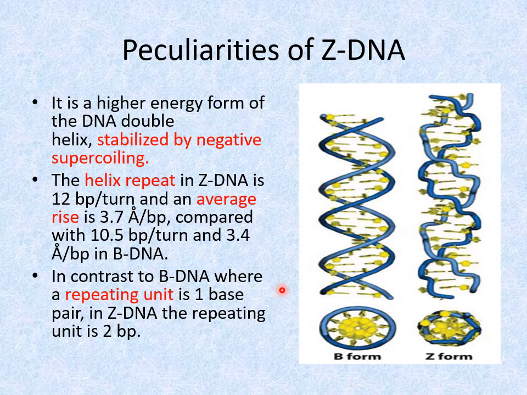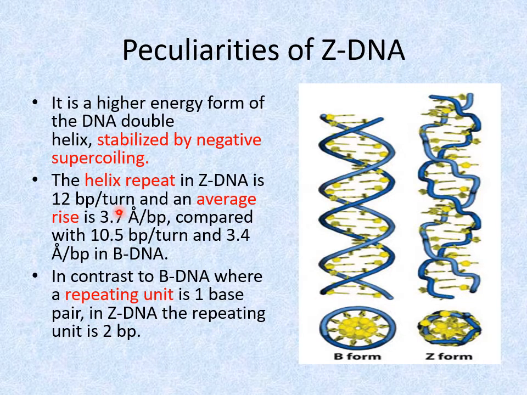Now, in contrast to B-DNA, where the nitrogen base pair is the repeating unit, in case of Z-DNA, two base pairs, a dimer, is a repeating unit.